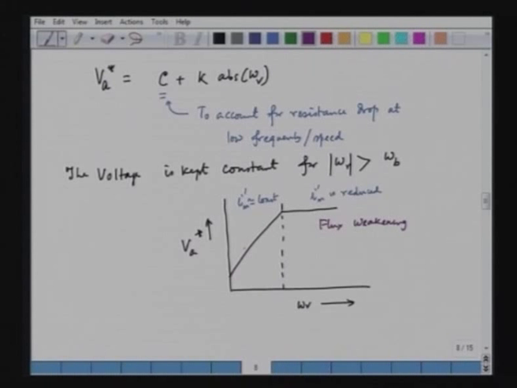And here we operate under constant stator flux, up to the base speed. So, below base speed we operate under constant stator flux condition, and beyond base speed we go for flux weakening.